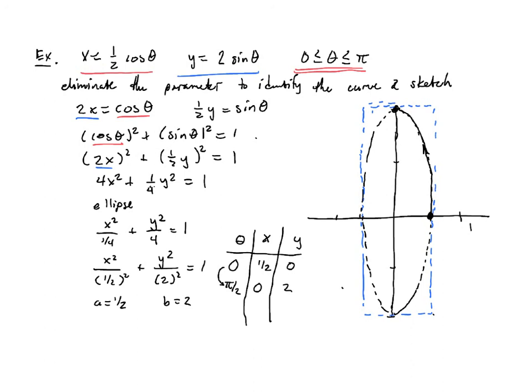So we get the first quadrant piece of the ellipse, and then for later values, say from pi over 2 to pi, we go to negative 1/2, 0, just by plugging into our equations, and that sweeps out the next quadrant of the ellipse. And it ends right here. So again, we put in some arrows to indicate the direction of the curve as t increases.